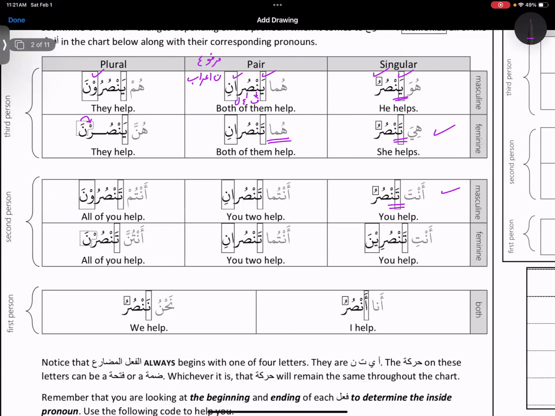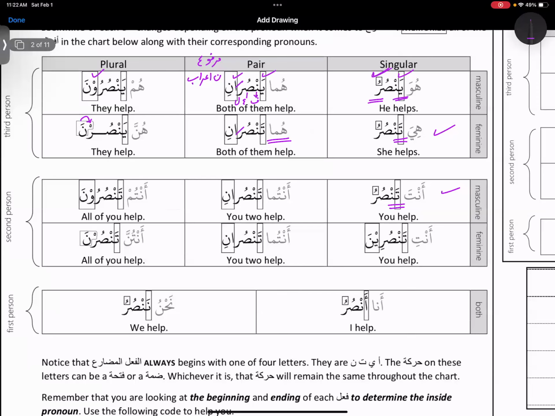Then anti is tansurina. Now you see this siga is unique. Why am I calling it unique? Because we did not see a kasra on any other siga over here. Our ra is our lam kalima, and the lam kalima was having dhammas or fathas.